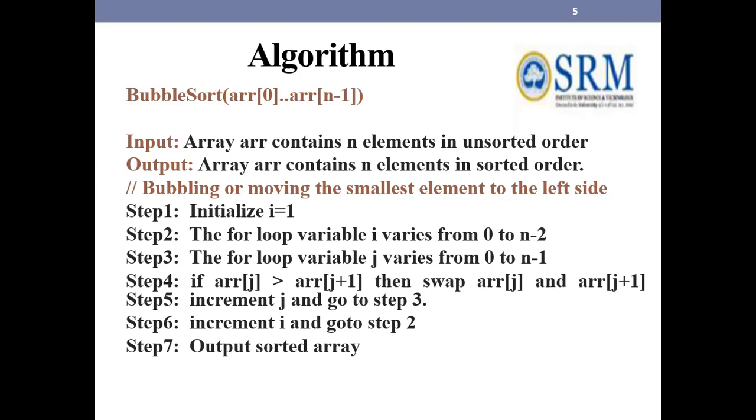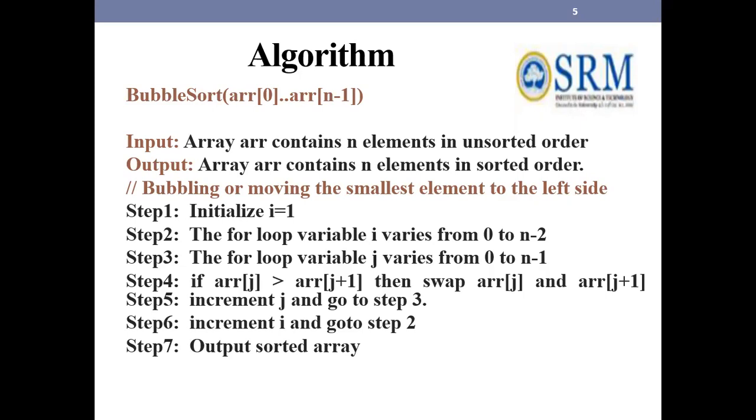Output: our array ARR contains n elements in sorted order. That is the output. And what is the concept of bubble sort? Bubbling or moving the smallest element to the left side. The smallest elements are moved to the left and the largest elements are moved to the right, so that we get the sorted list.